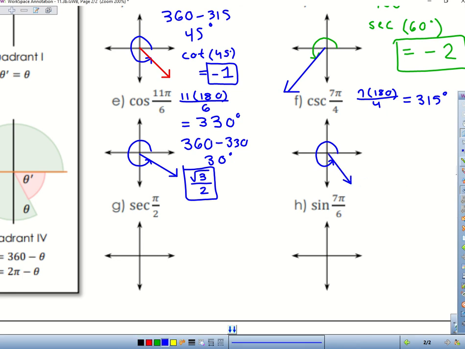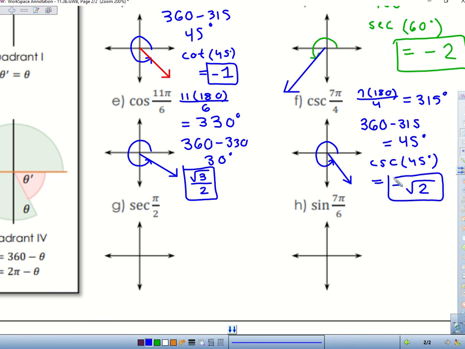So how do I find the reference angle? Good, which gives you 45, right? Cosecant of 45 is radical 2, but cosecant is the reciprocal of sine, so is it positive or negative here? Negative. Alright, do you guys get the idea?